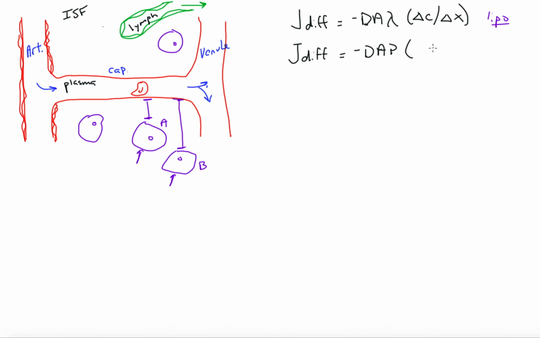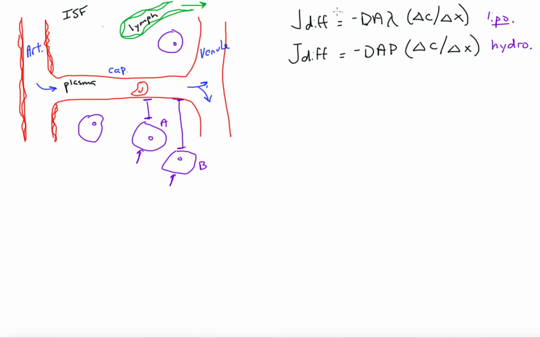So we have to have a different pathway here. We'll get to that in a second. The rest of the equation is exactly the same. This one would be for hydrophilic, and the other for lipophilic.